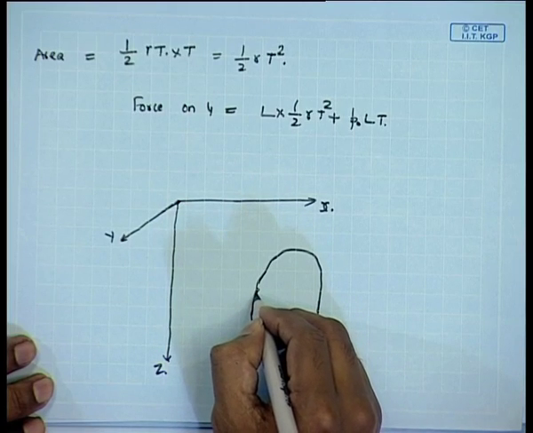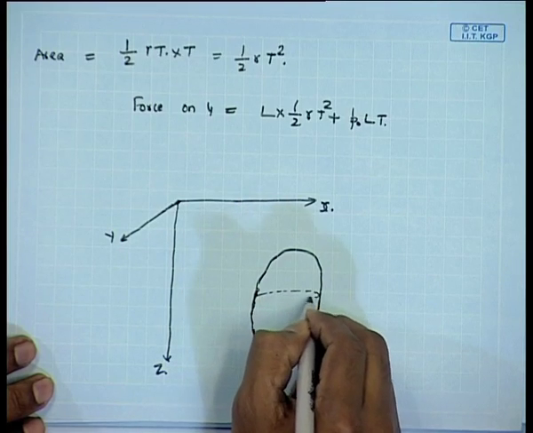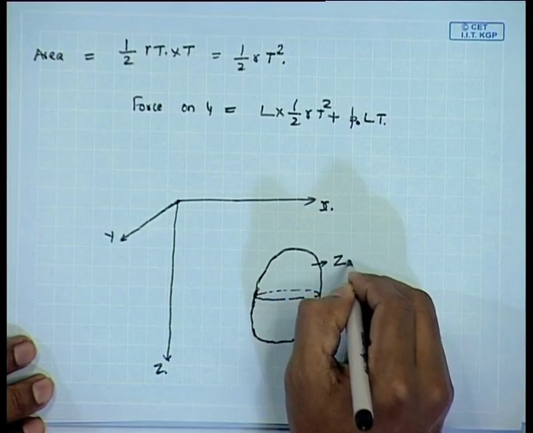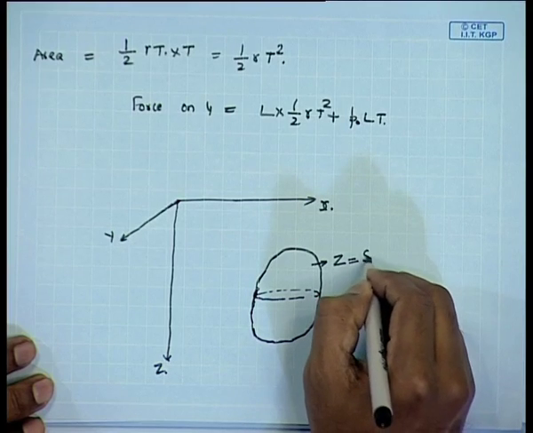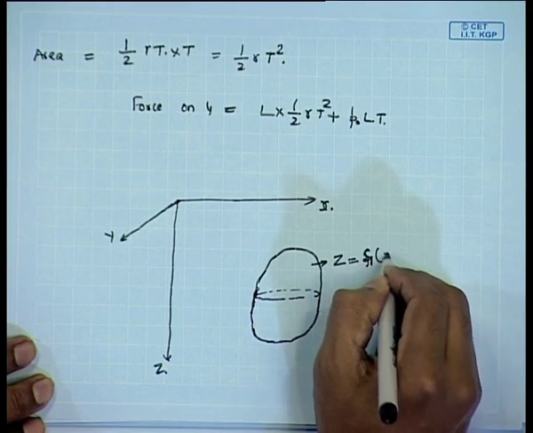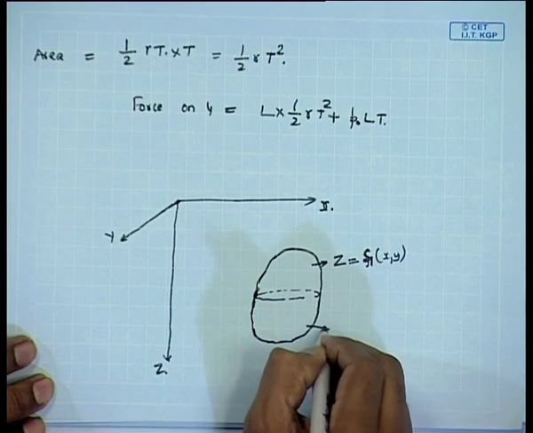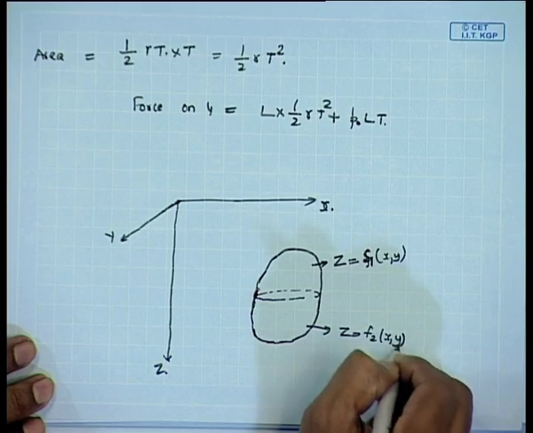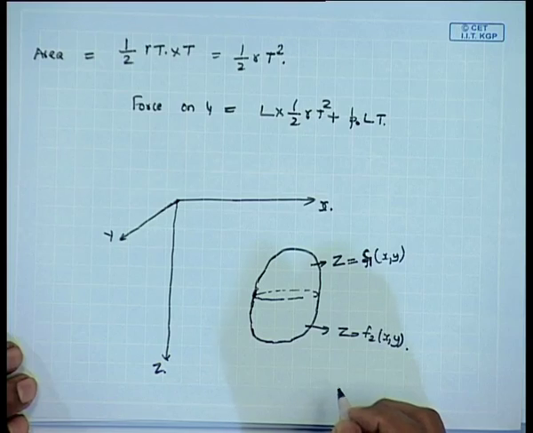Let us suppose that the surface is given by Z equals F1 of x comma y. The bottom is given by Z equals F2 of x comma y. So, the surface is defined in this fashion.